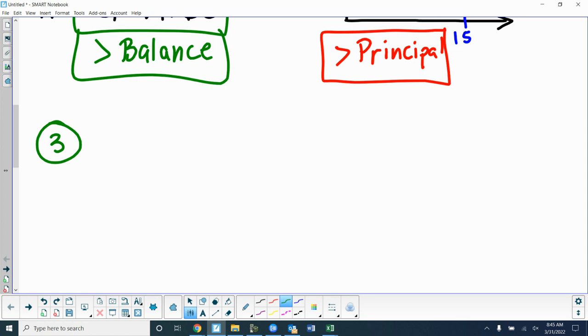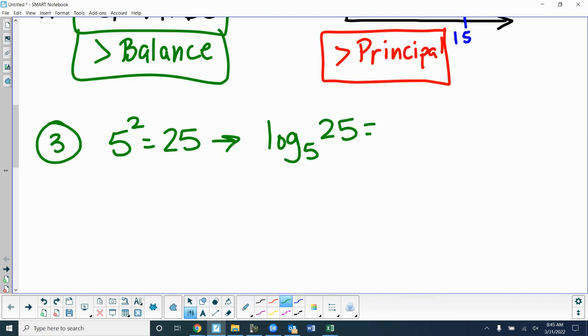If they give you the problem in logarithmic, you write it in exponential. Okay? So this was an exponential. 5 squared is 25. So in logarithmic, that's log base 5 of 25 equals the exponent, which is 2.